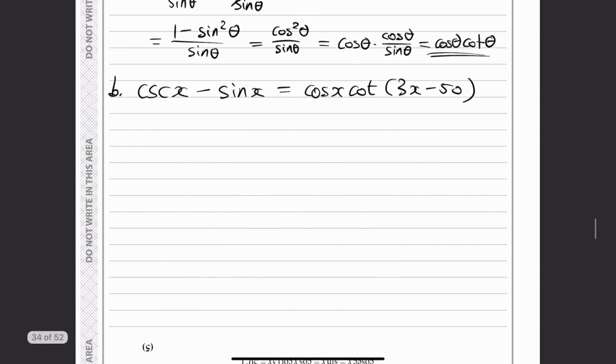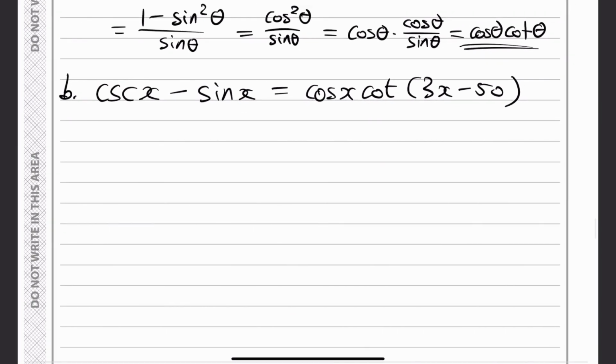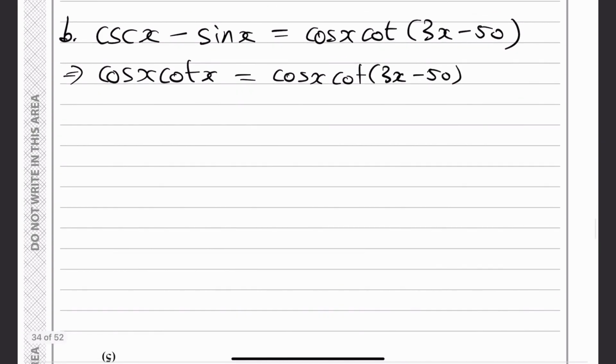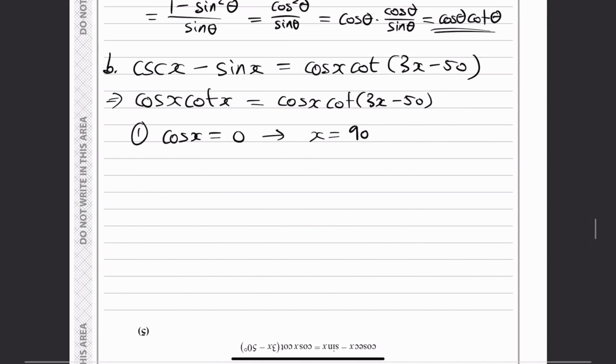Now if we use the part from above, we know that this left side is just the same as cos x cotangent x, and that's equal to that. And now what we can do is just divide both sides by cos x, but that'll give us an equation. It feels equal to 0. So one solution would be, if we're working in degrees, this would be 90. So that's one solution. I don't know how many solutions there are though.